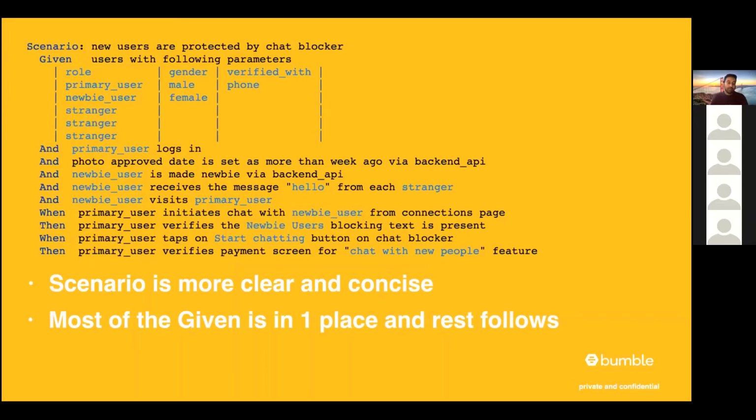As you must have noticed, most of the given is in one place and the rest follows after it. So we try to collapse all the given, which is the test condition for this particular scenario, in one place. All the user creation is in one place. And if we want anything particular, like we want the primary user in this case to be verified with phone, it's all in the given step.